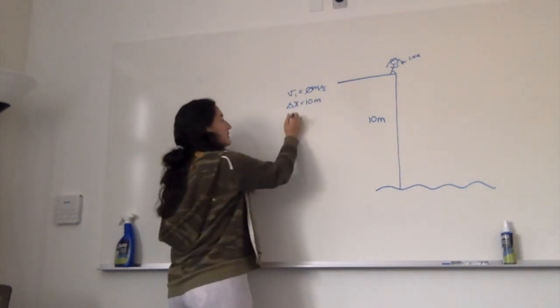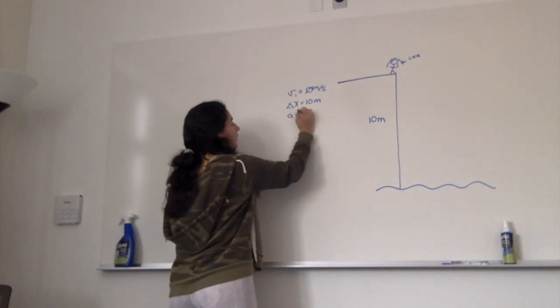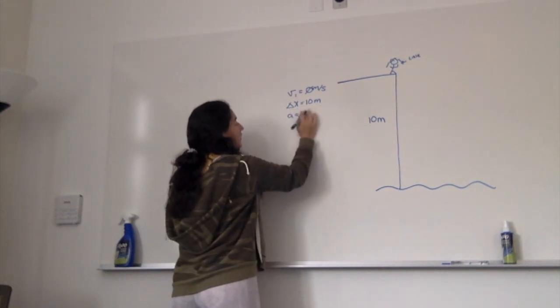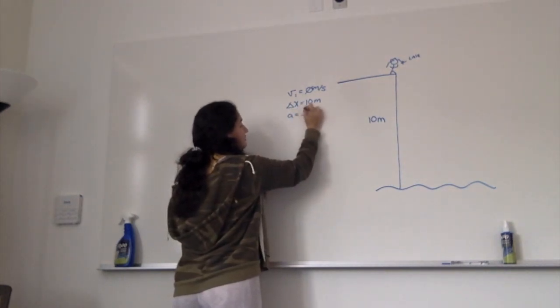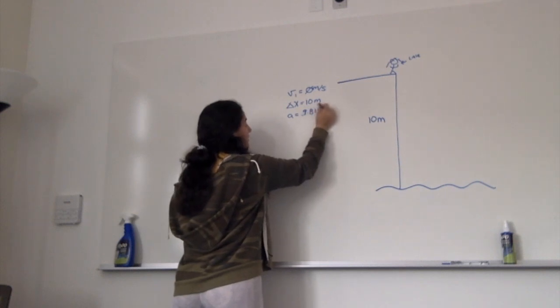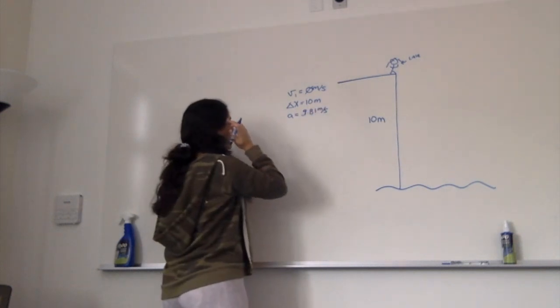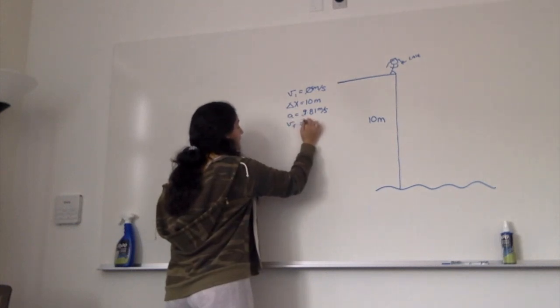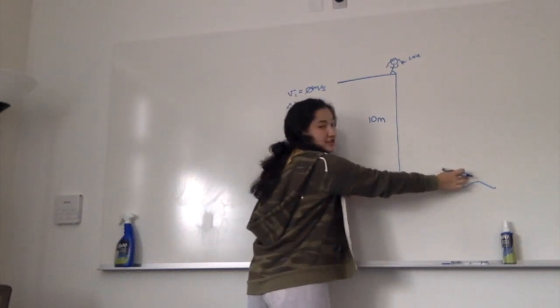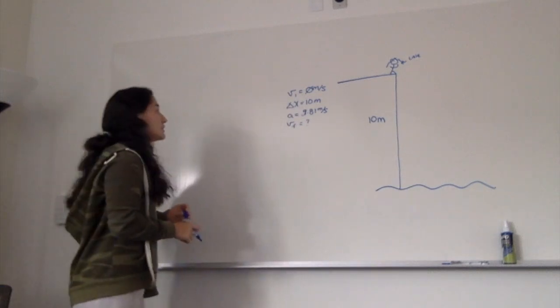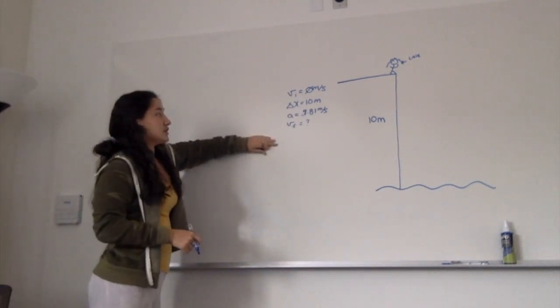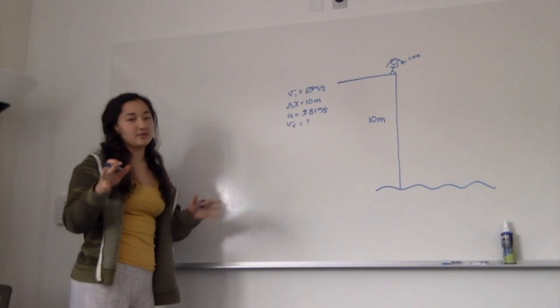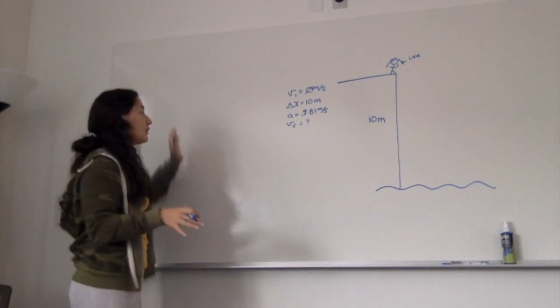Her acceleration will be 9.81 meters per second squared. And we know that just because that's her acceleration due to gravity, and given this, we're ignoring air resistance, ignoring everything else. And then we're solving for her final velocity. And that velocity will be the velocity right before she actually hits the water. So, given these are our knowns, we're going to look at the 4 UAM equations that we drew up before. And knowing what we have now, we're going to use the equation.